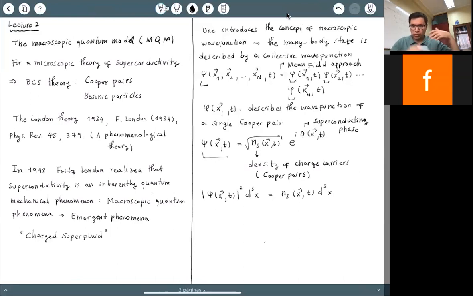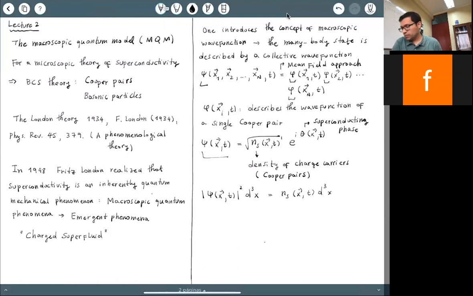So you think about introducing the concept of a macroscopic wave function that has to do with the density of charge carriers included in the amplitude here, but also we should include some superconducting phase. Of course, this is a macroscopic wave function.